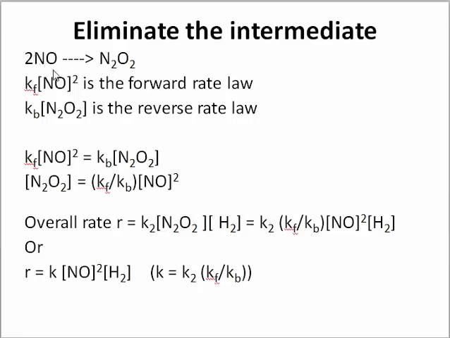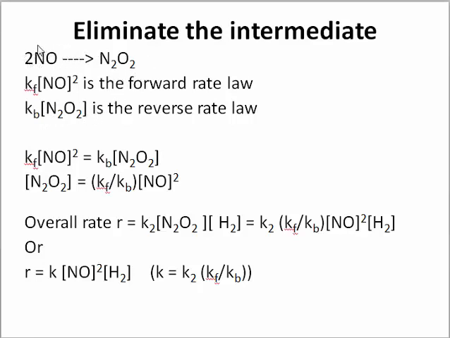Consider the fast equilibrium reaction in step 1. Rate law for the forward step is kf times NO squared. Rate law for the reaction that goes backward is kb times N2O2.